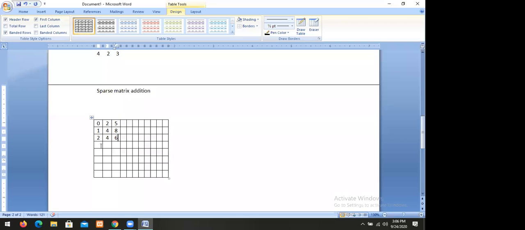This is third row, fifth column, value is 7. Suppose this is the first matrix representation. So this is the row number, this is the column number, and it is a value: row, column and value.